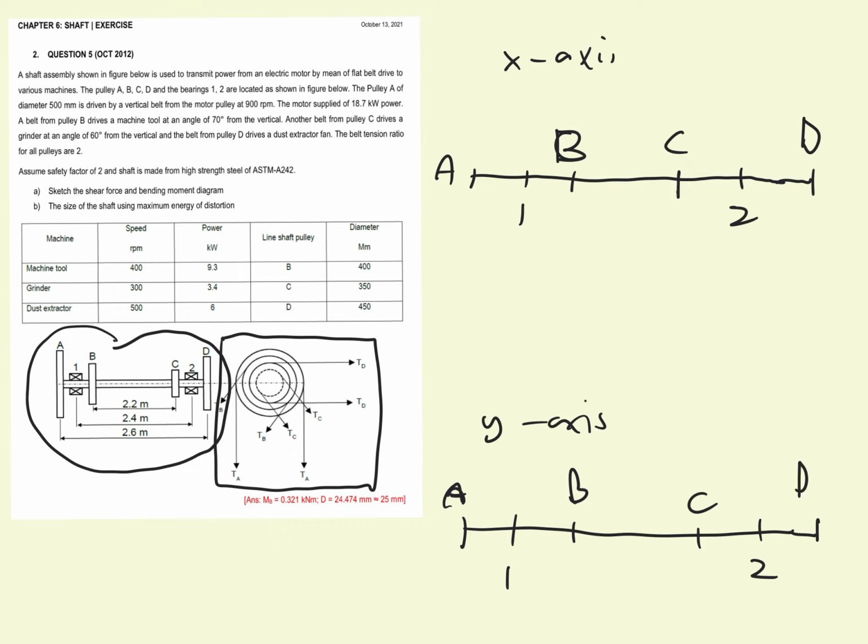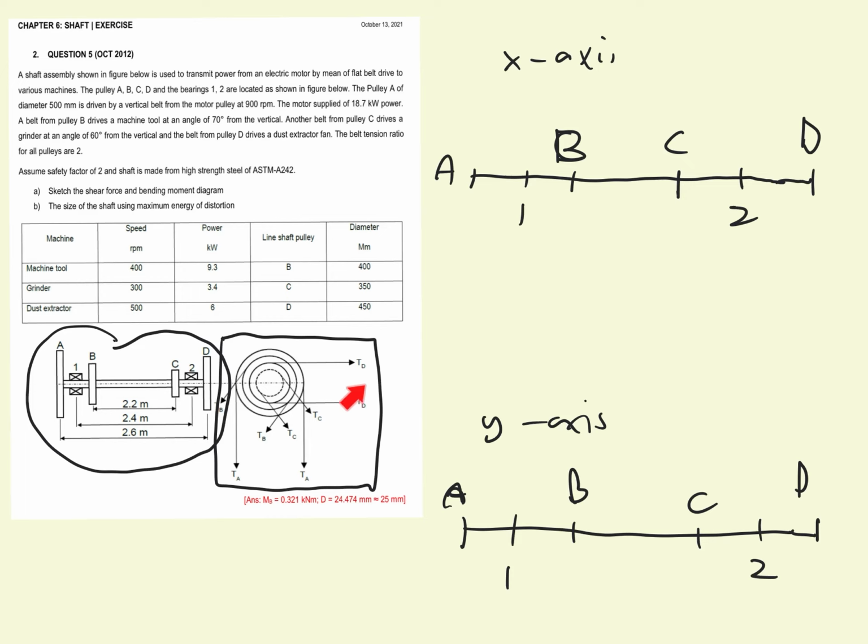First we need to know the value of the tension forces on TD upper and TD lower, because we need to know the load so we can put this loading into the x-axis or the y-axis with respect to the direction of the forces.